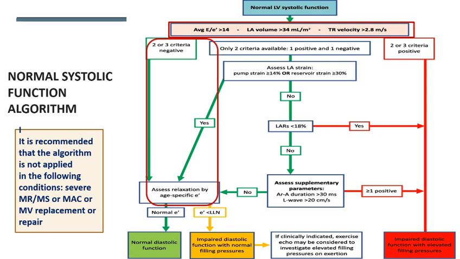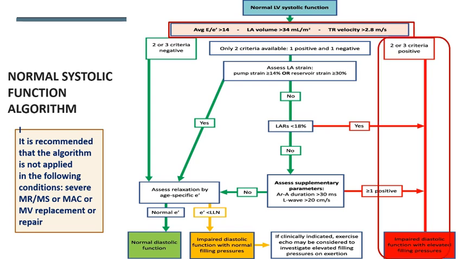When 2 or 3 of these parameters are negative, left ventricular filling pressure is considered normal. If 2 or 3 parameters are positive, diastolic function is impaired and left ventricular filling pressure is elevated.